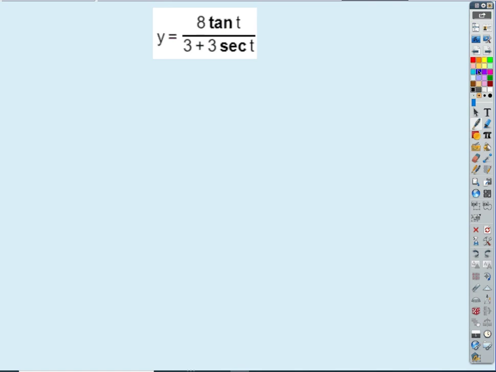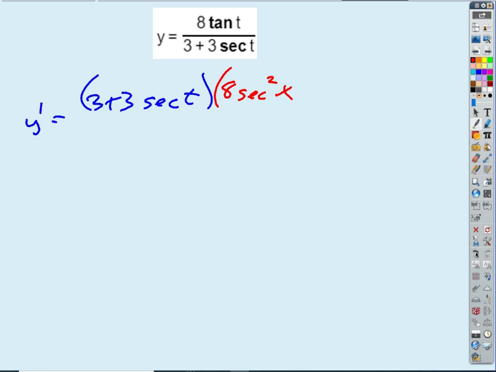Okay. So y prime. Times 8 secant squared x, minus 8 tan t, times D low. Now what's D low here?